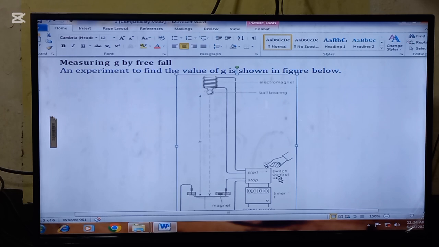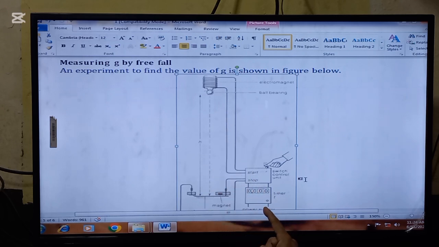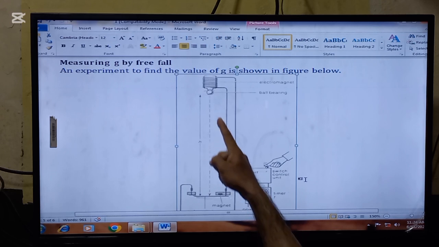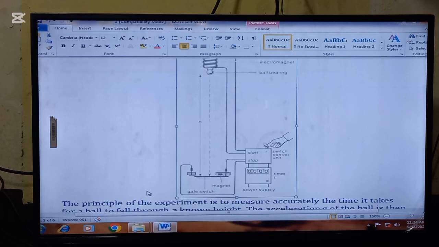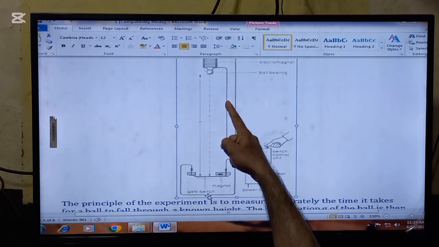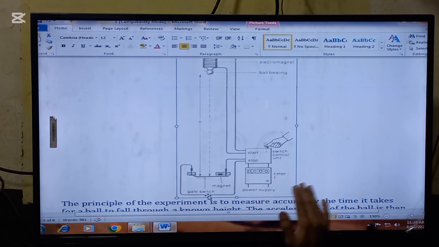When we switch on the switch control unit, the ball will drop, and just after leaving the magnet the timer will start. When the ball hits the gate switch, the timer will stop.